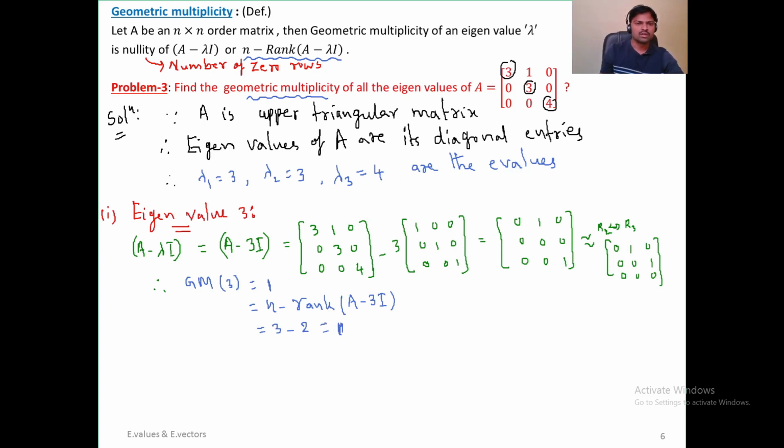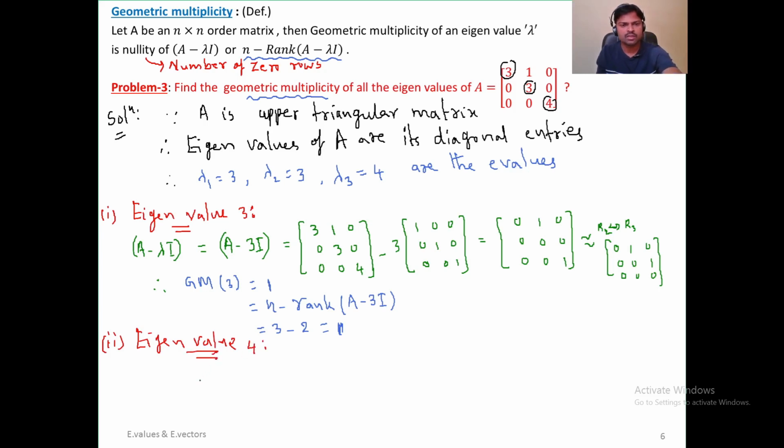Okay. So this is the geometric multiplicity of the eigenvalue 3. Okay. Next, the second one. Second eigenvalue, geometric multiplicity of the eigenvalue. What is the eigenvalue? Next one is 4. Okay.